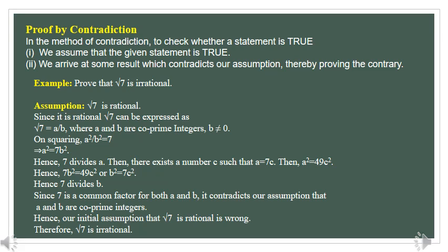First of all, we'll assume that root 7 is rational. After solving it, we arrive at a result and we see that our initial assumption is wrong at some step, and so we can prove that root 7 is an irrational number.